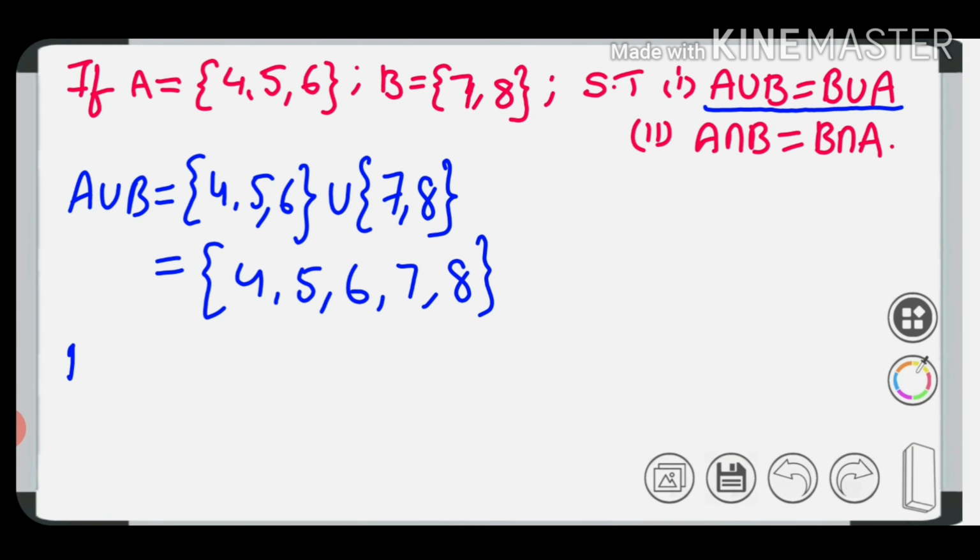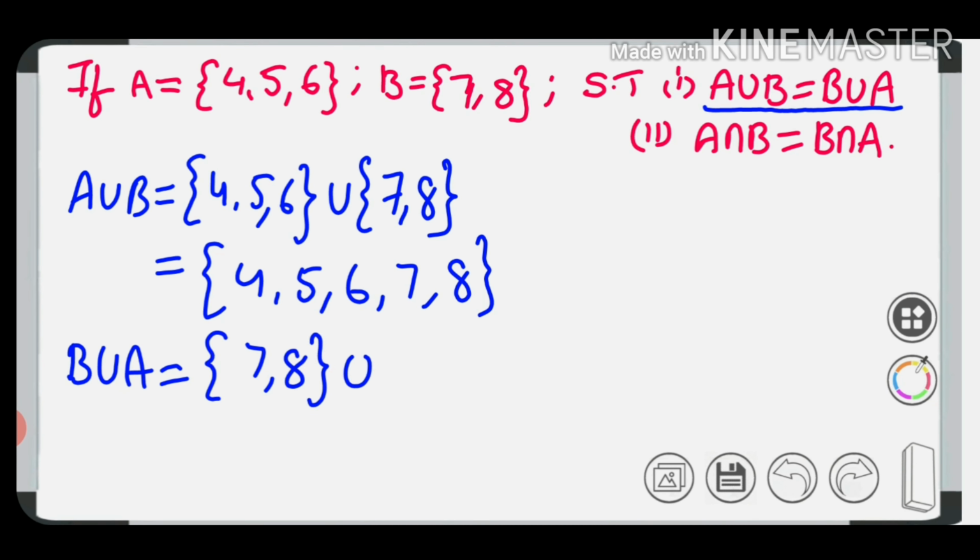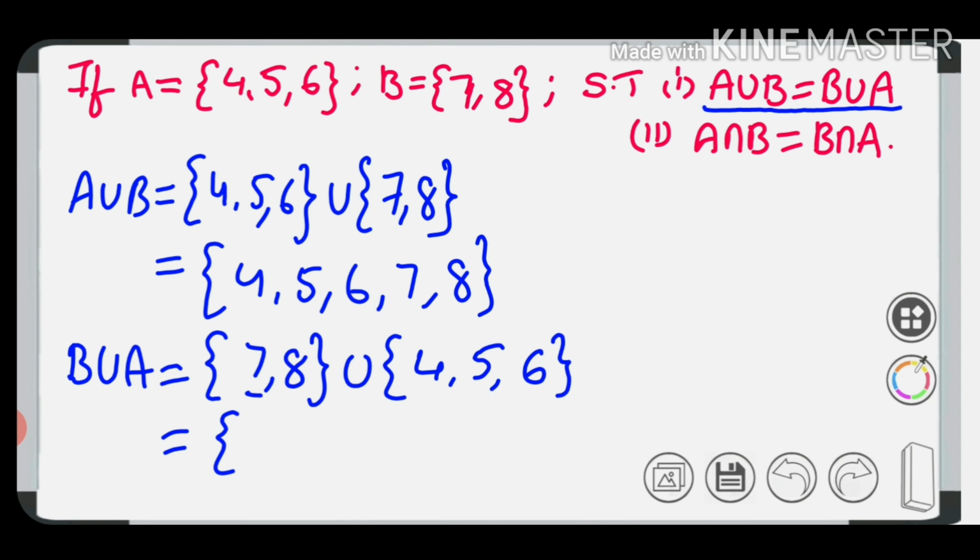And if you observe B union A, that means we have to write B first: {7, 8} union the set {4, 5, 6}. So union gives, first you have to write the B elements, that is 7, 8, then 4, 5, 6.